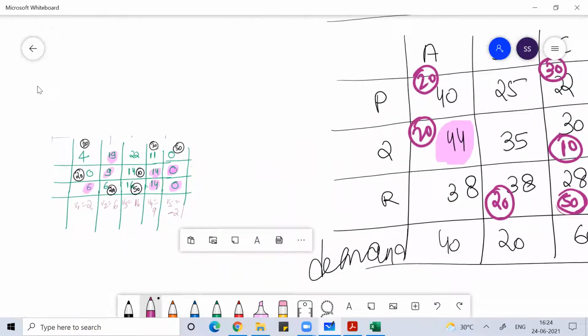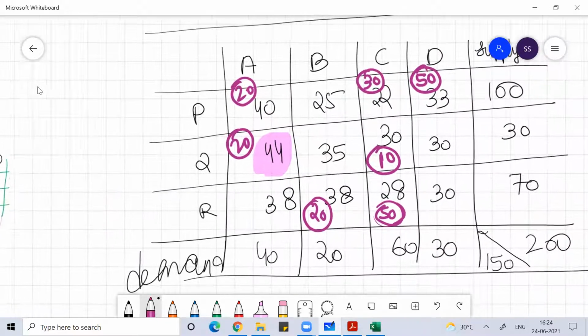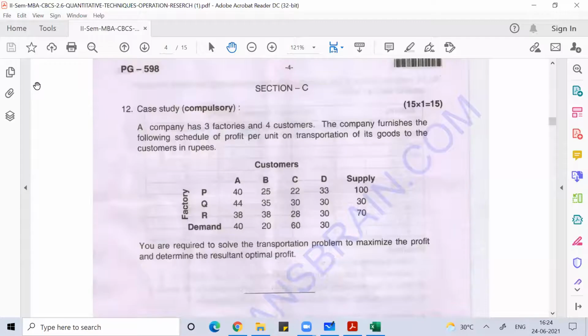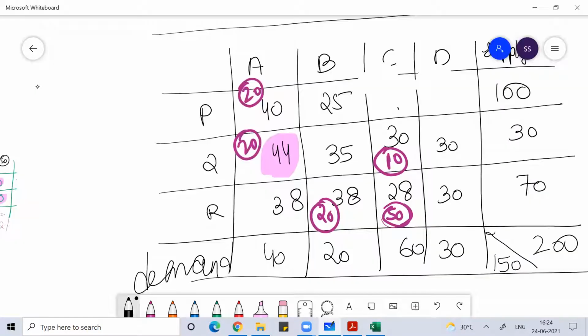You can see this is 20, then 20, then 6. Second row, 19, 10, 20. Third row, 10 and 50. Third row, 10 and 15. Twenty-two, 33.